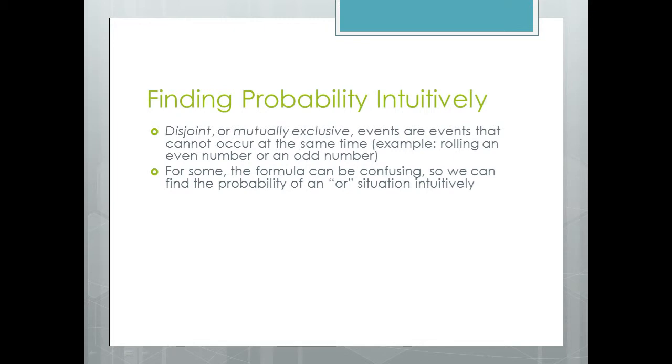As I said before, the probability formula for the addition rule can be confusing, so we can do it intuitively. To do this, you want to find your total sample space, and that becomes your denominator.